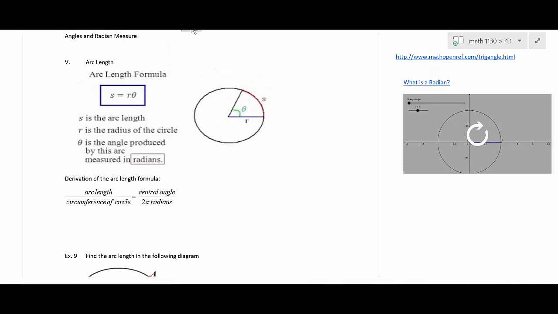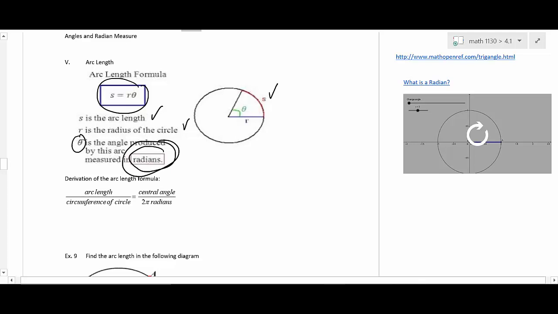So what I want to look at in here is we have the arc length formula, S equals r theta. S is the length of that arc, r is the radius of the circle, and then theta is the central angle. But what you have to pay attention to is, if you were in degrees, you would get a ridiculous answer. Okay, I want to show you kind of what I mean by that.